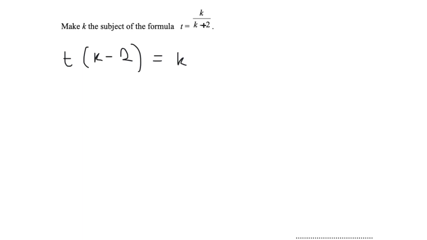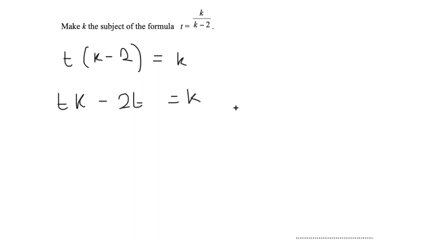So we've got t(k minus 2) equals k. And then I'm going to multiply out by t. So we've got tk minus 2t equals k. Now at this point we have two k's, so it makes it a little bit tricky to find the subject.